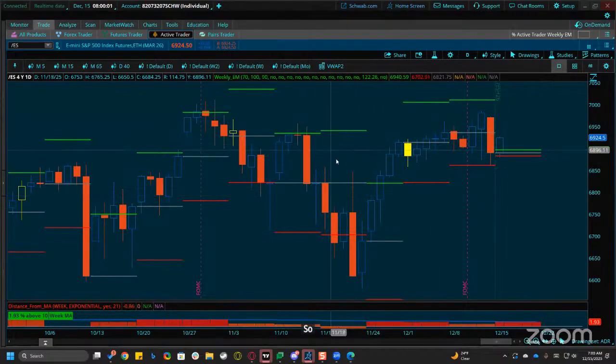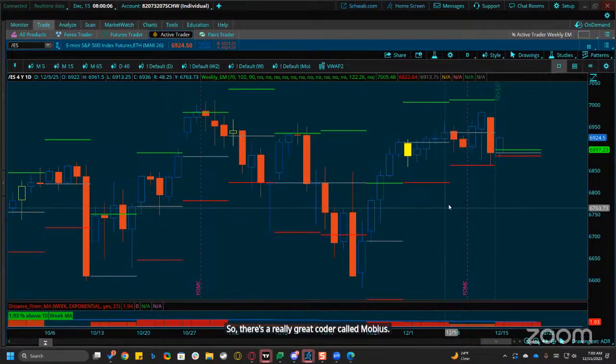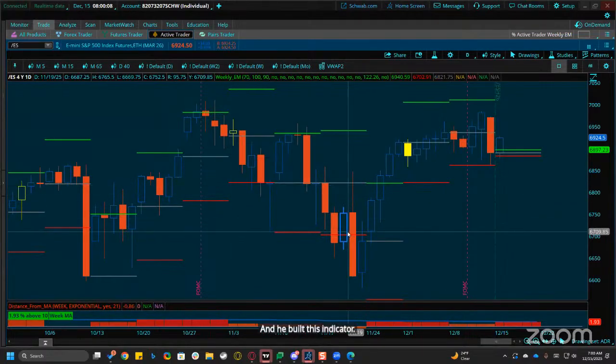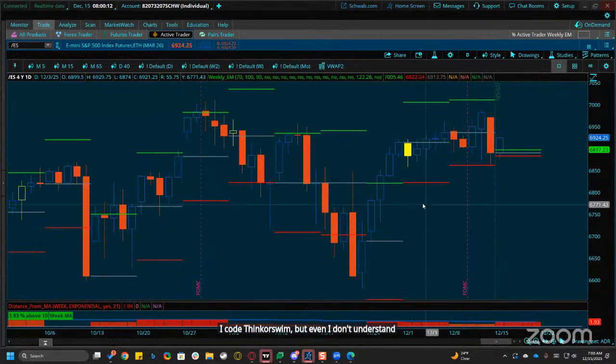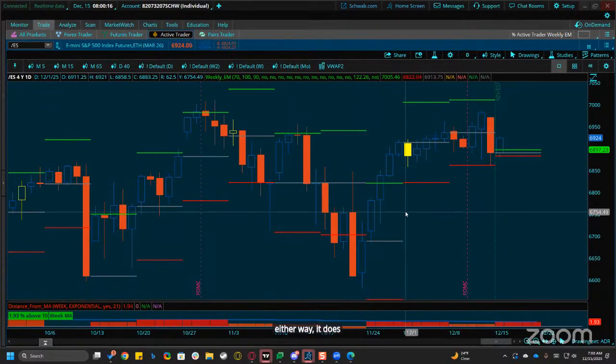So there's a really great coder called Mobius, and he built this indicator. I code Thinkorswim, but even I don't understand how he got this thing to work. Either way, it does really good. It's not perfect. Drawing it by hand would be better, but it's really good.